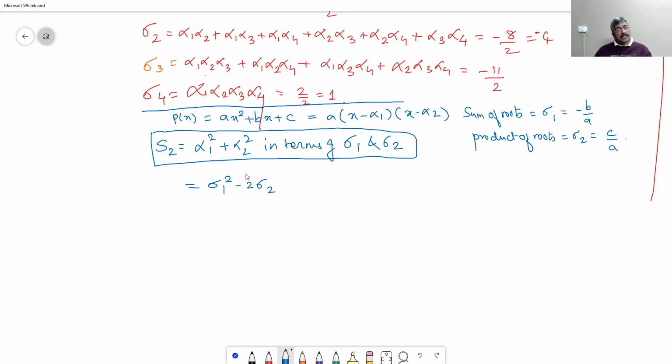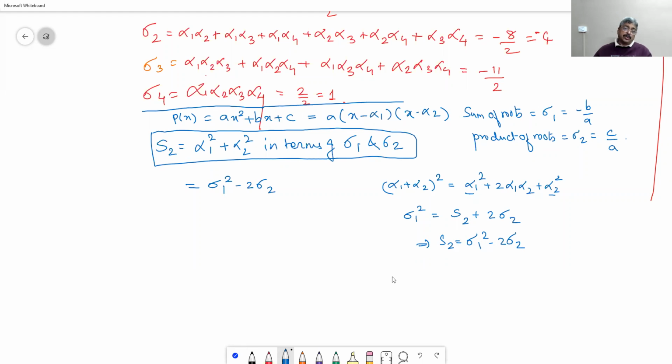How do we arrive at this? Consider alpha 1 plus alpha 2 bracket square, which is equal to alpha 1 square plus 2 alpha 1 alpha 2 plus alpha 2 square. Now what is this alpha 1 plus alpha 2? Sigma 1 square is equal to this plus this, S2 plus 2 sigma 2, which implies S2 is equal to sigma 1 square minus 2 sigma 2. Good.